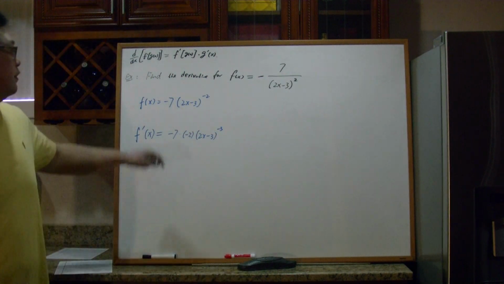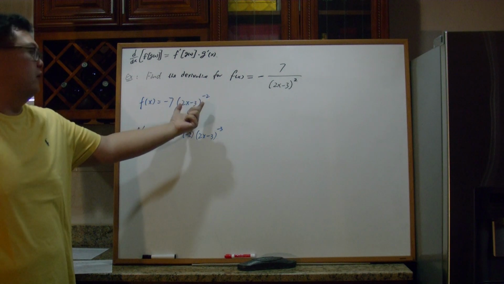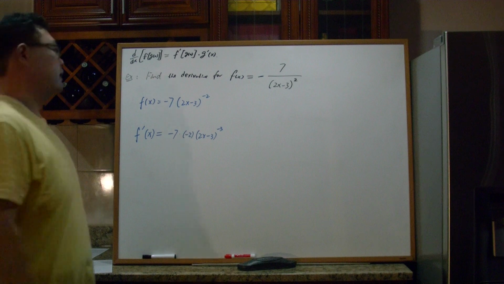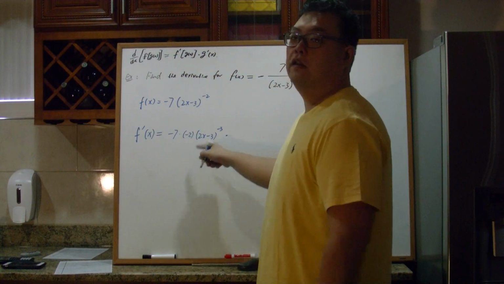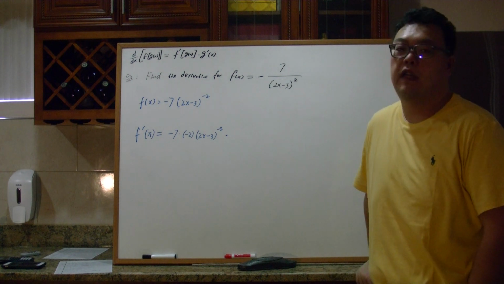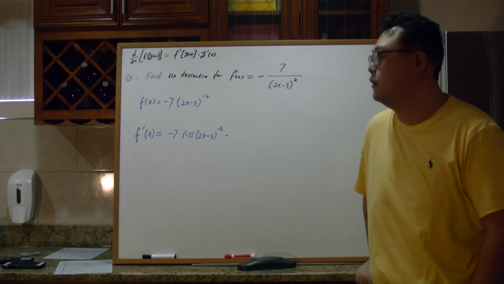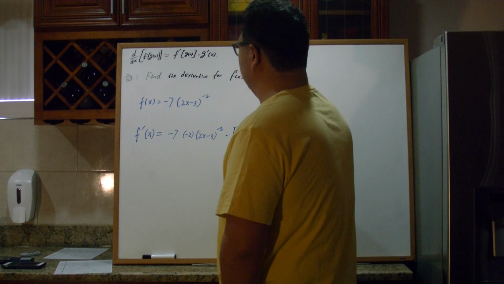That is the derivative of 2x minus 3 to the negative 2, simply the power rule, but not yet. Since the inside is not x, we need to have a habit that for every function, we check if the variable is x or not. We have the inside 2x minus 3, so we have to apply the chain rule.